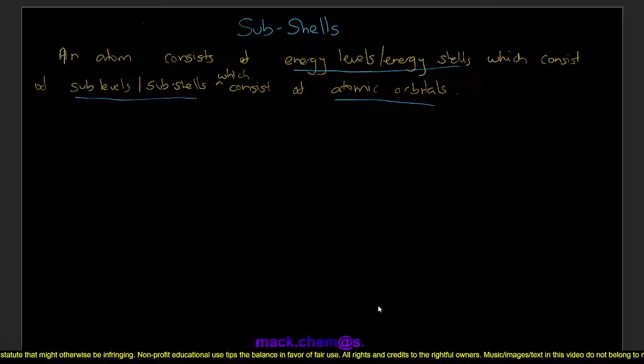So we're looking at its size, its shape, and its orientation in space. We will also look at something called the spin of an electron later on, right? So just keep that at the back of your mind. But we are saying that an electron can be described by 4 quantum numbers.